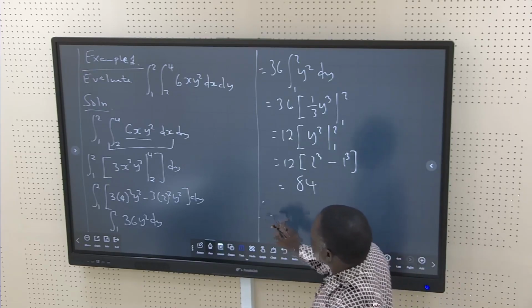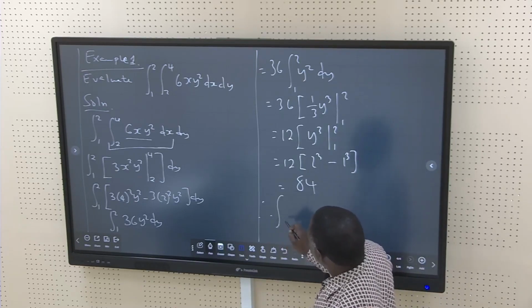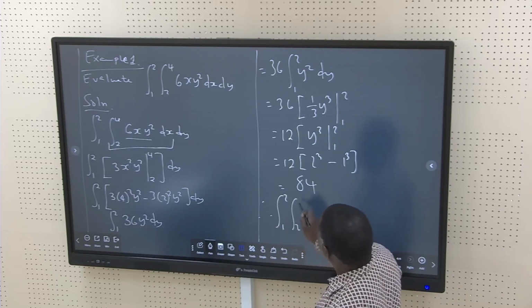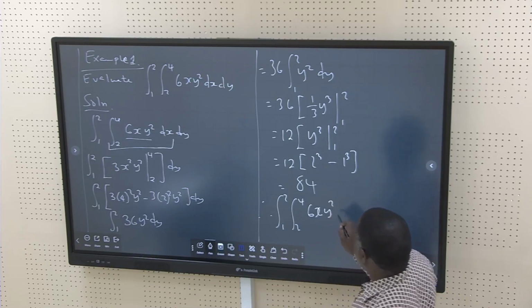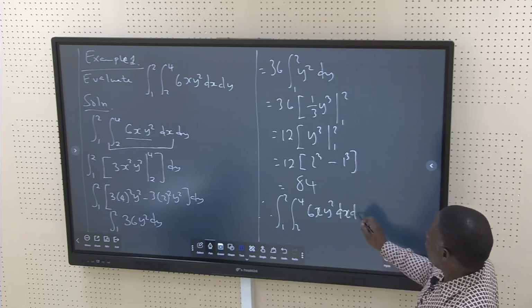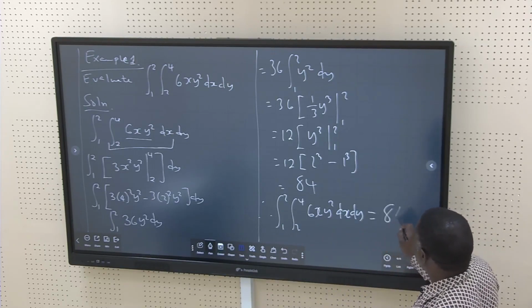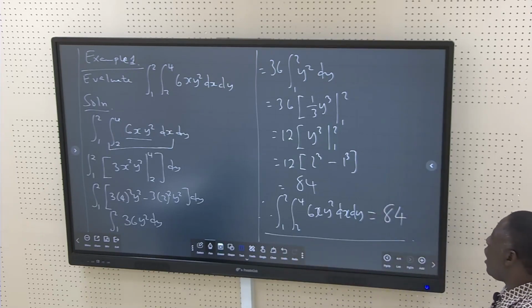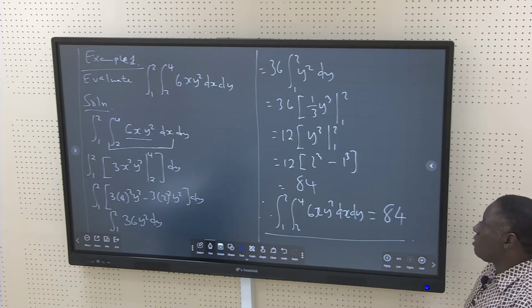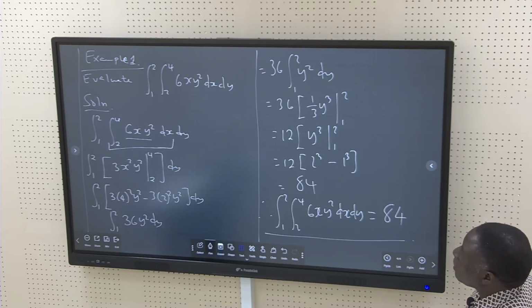So therefore we say the double integral from 1 to 2 and 2 to 4 of 6xy² with respect to x with respect to y equals 84. This is how we can evaluate the double integral of the first example.